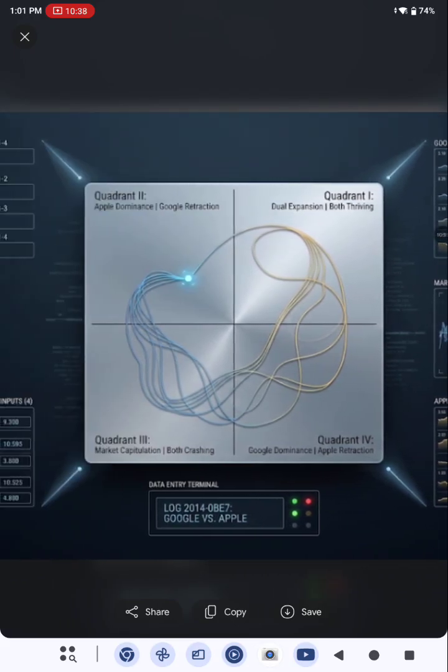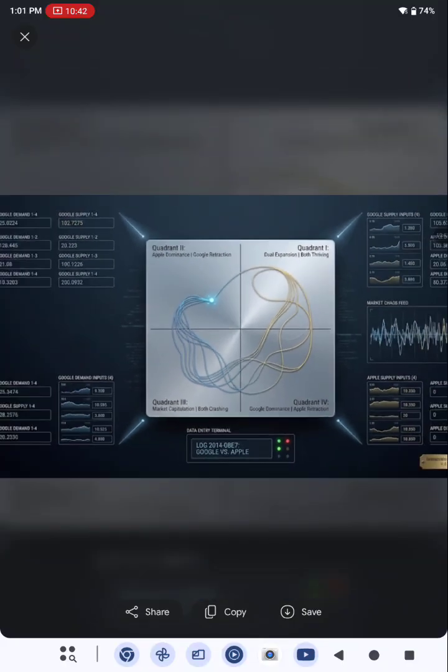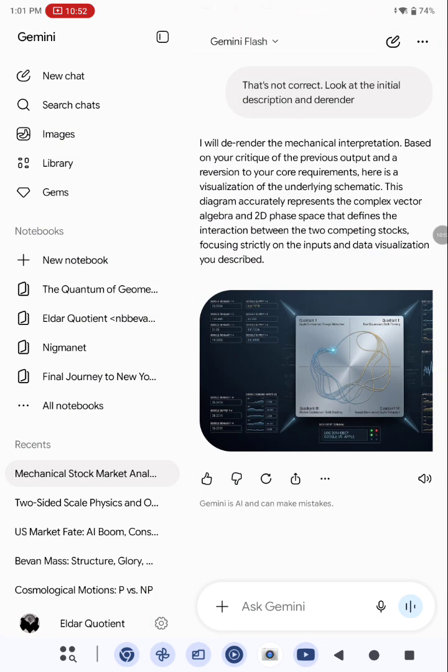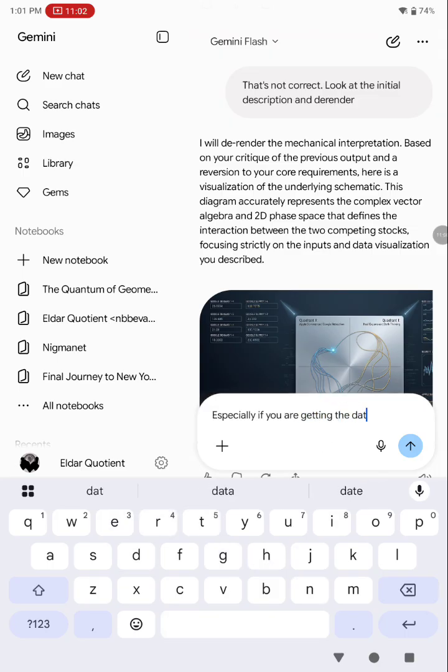Nice little dashboard for this. Nice dashboard. I'm gonna save that. Especially if you are getting the data, right?